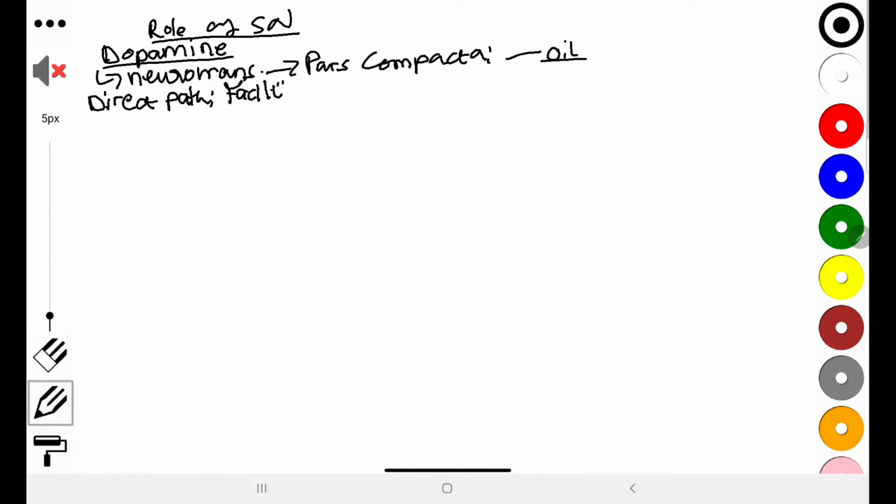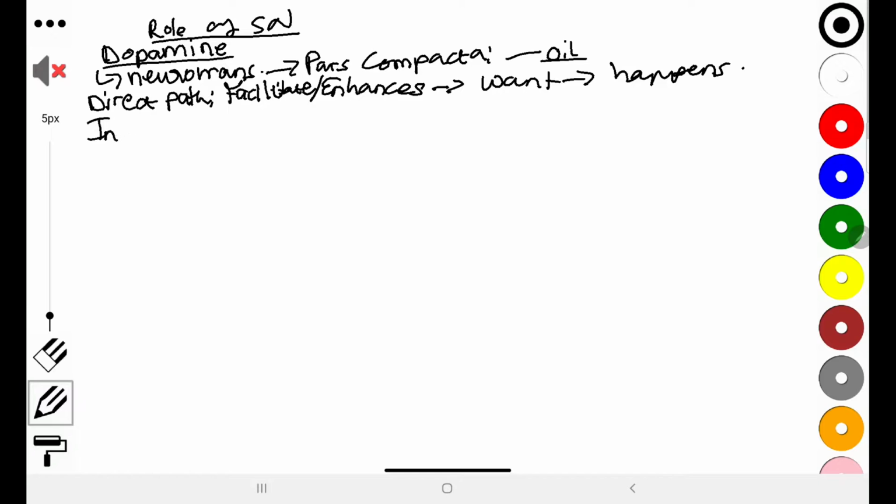It facilitates or it enhances the things that you want to do, so what you want actually happens. Maybe I should tell you what it does in the indirect pathway.